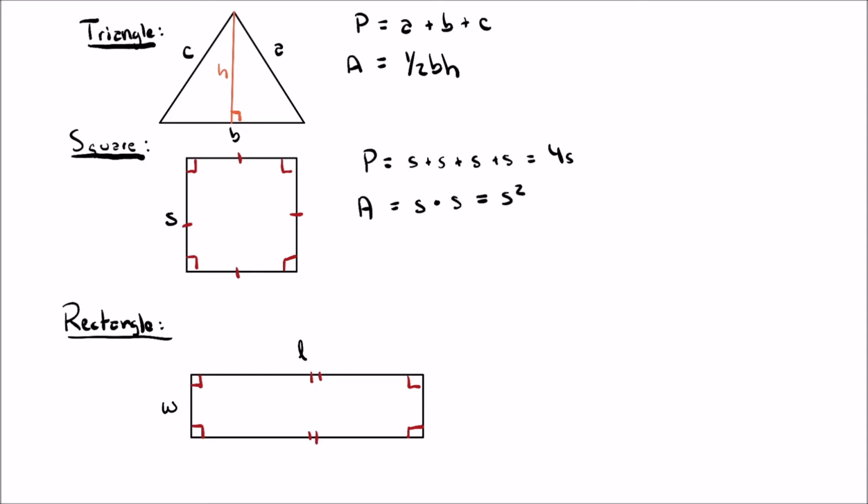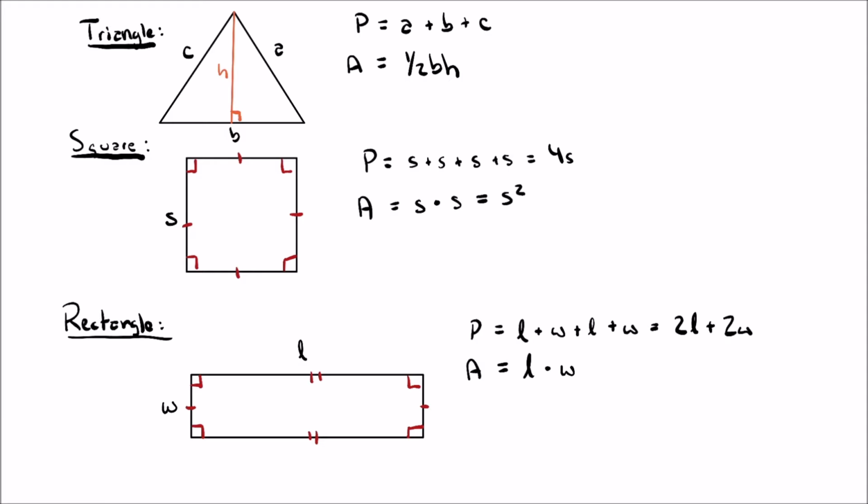And opposite sides are congruent. And so the perimeter of a rectangle would be equal to L plus W plus L plus W, or 2L plus 2W. And the area is going to be equal to the length times the width, so L multiplied by W.